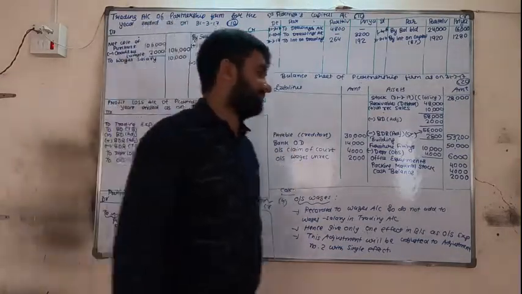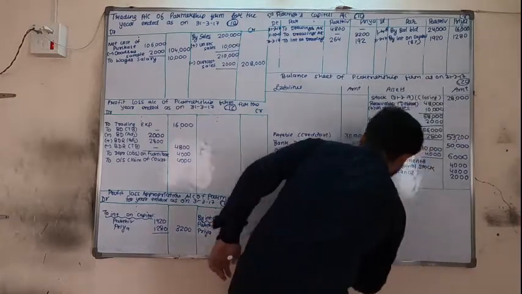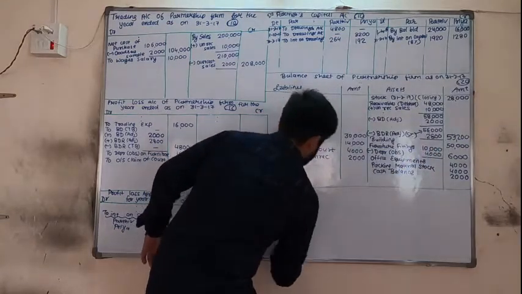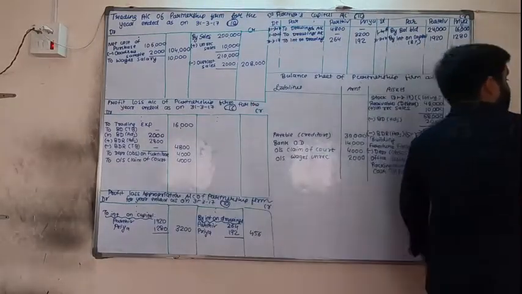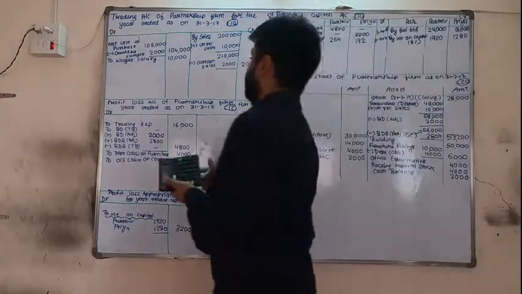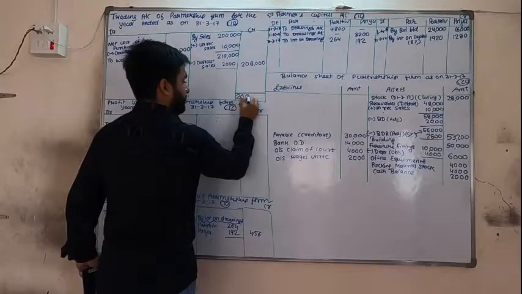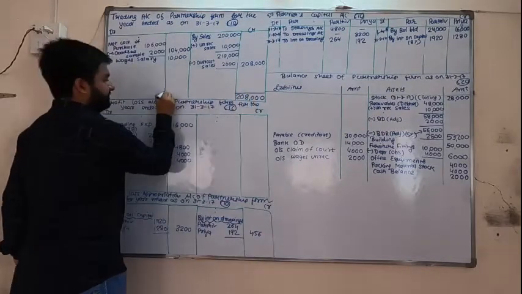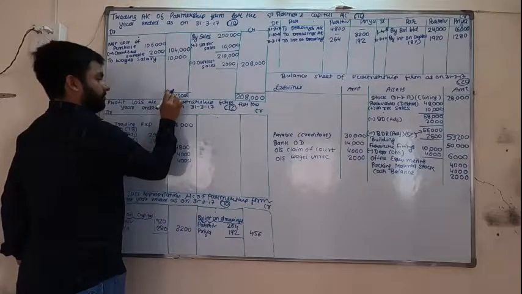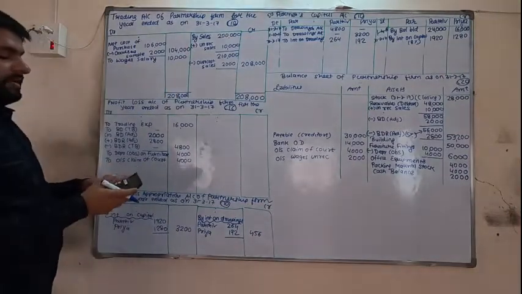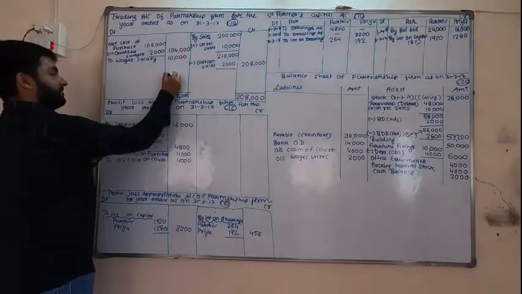Now we are closing the sum. Here total is 2,08,000. 2,08,000 minus 1,04,000 minus 10,000 is 94,000.